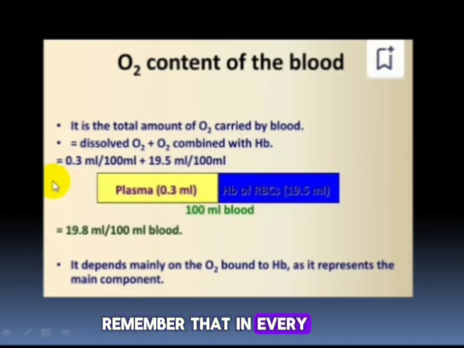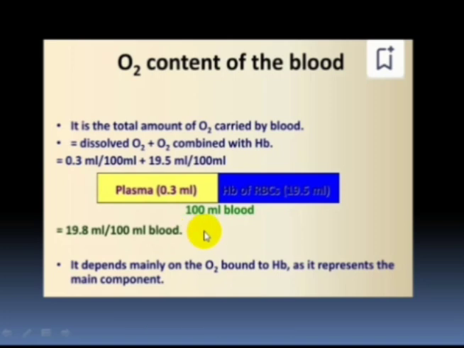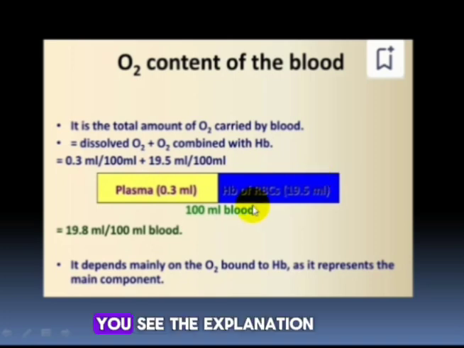Remember that in every 100 ml of blood, there is 0.3 ml of oxygen. That is in the plasma. And then the one combined with hemoglobin is 19.5 ml. If you go back to the previous slide, you see the explanation there.